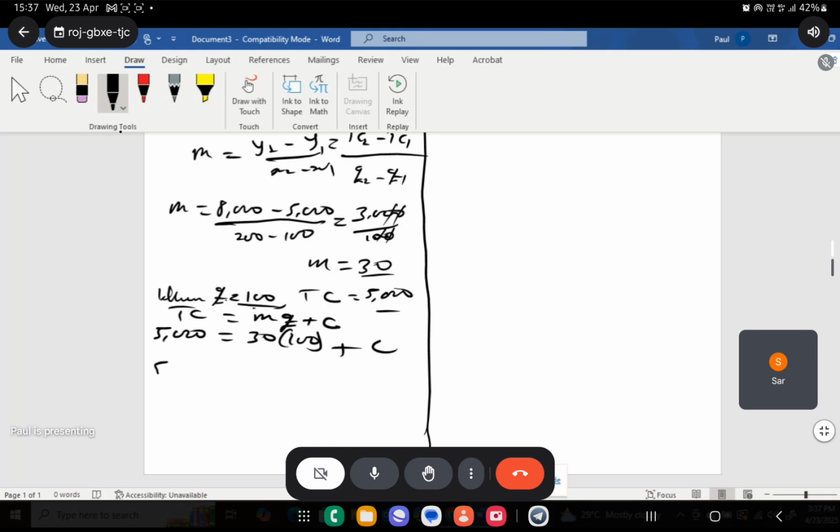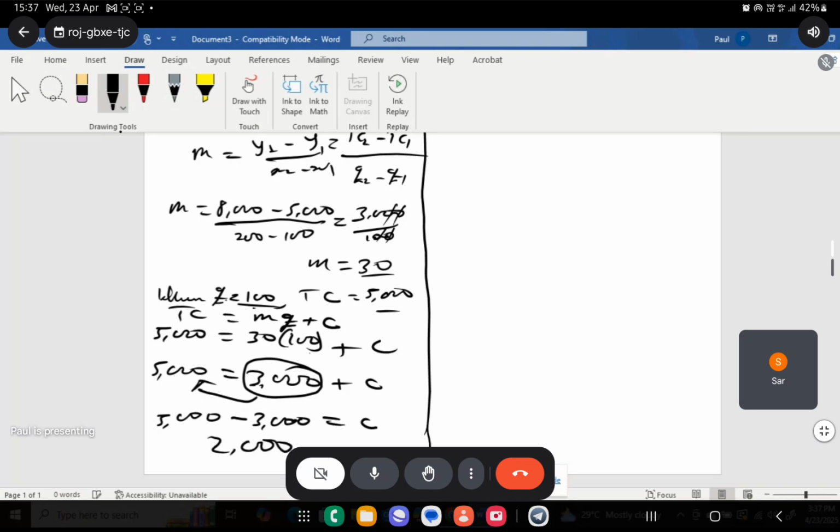So we get 5,000 being equal to 30 times 100, which is 3,000, plus C. So we get 5,000 minus 3,000 being equal to C. So here we get C to be 2,000.